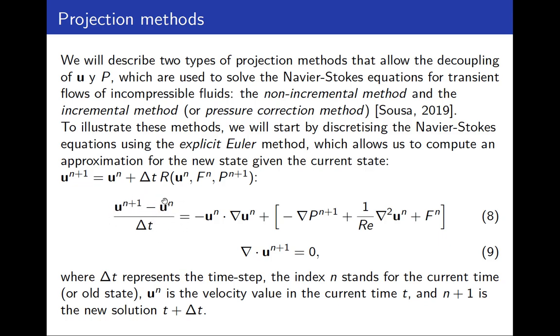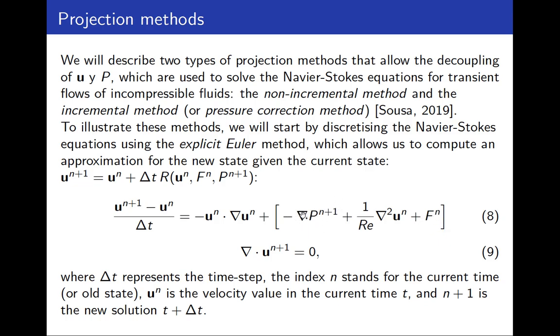We have the velocity at the new time, the one we are interested in calculating, minus the velocity at the current time or at the old state, divided by delta t, the time step. That has to be equal to the convected term calculated at the current time, plus the Laplacian, also evaluated at the old state, plus the source term, also evaluated at the old time.